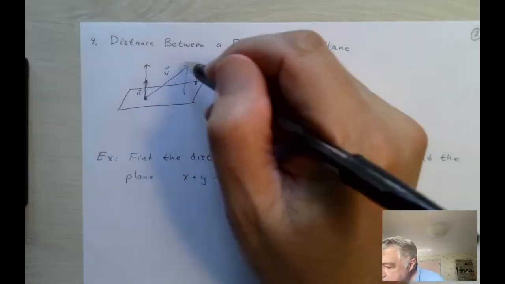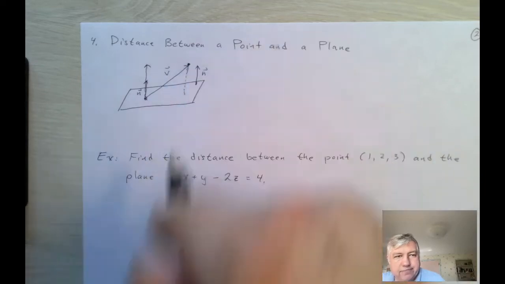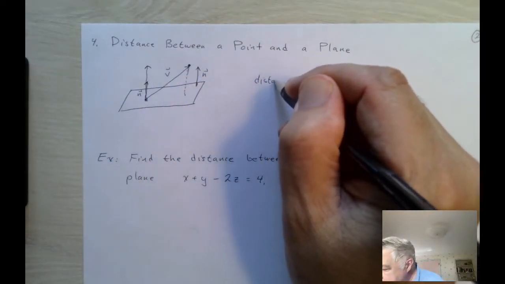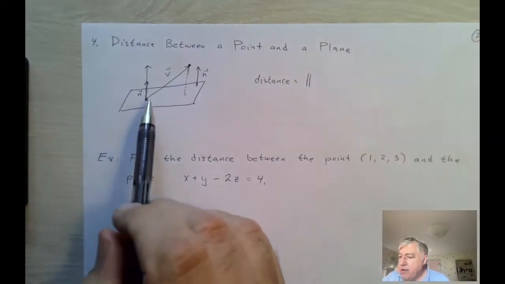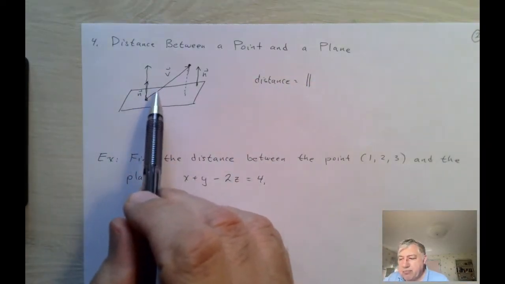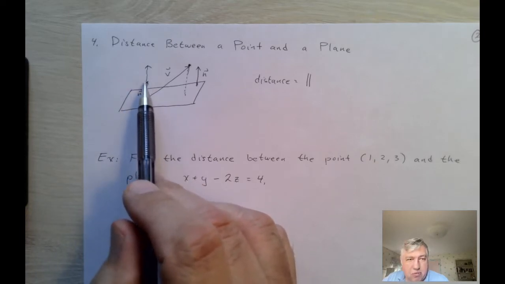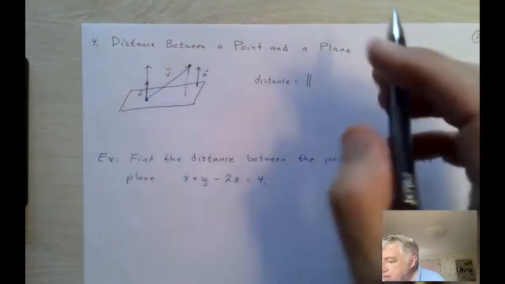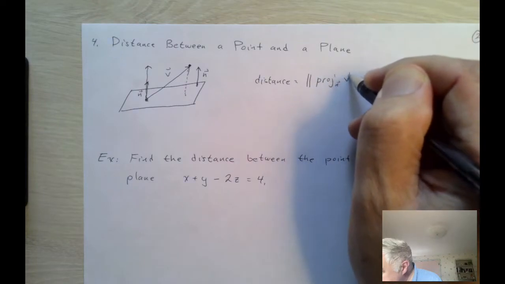But this distance and this distance are going to be the same. So we can see that the distance in question here will be the length of, we don't have to subtract anything, right? Because the normal vector is right here. So this is just going to be the length of the projection of v onto n.